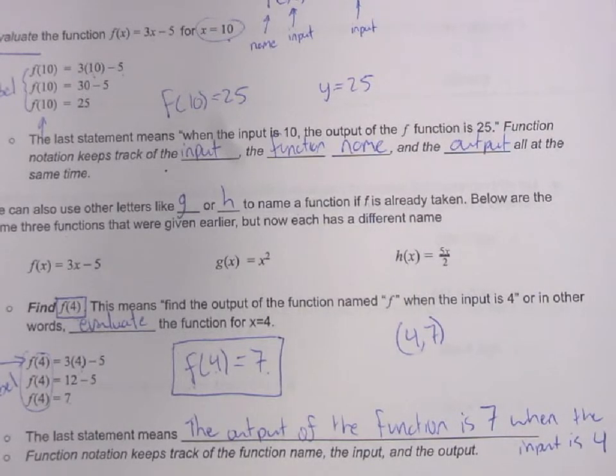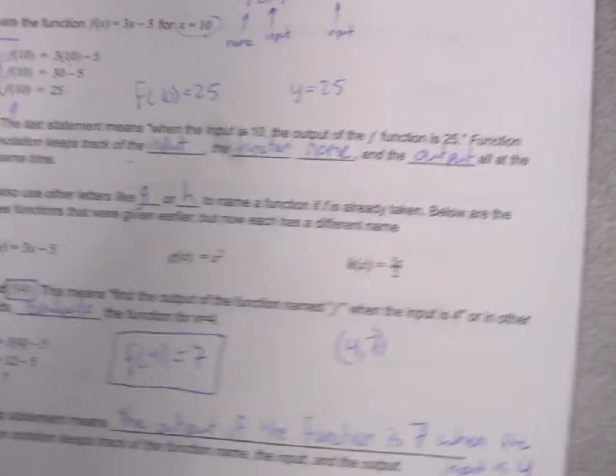Okay, that has all 3 pieces of information. So this little tiny mathematical statement packs in a whole bunch of information. Again, the function notation keeps track of the function name, the input, and the output. That's what's so nice about it.